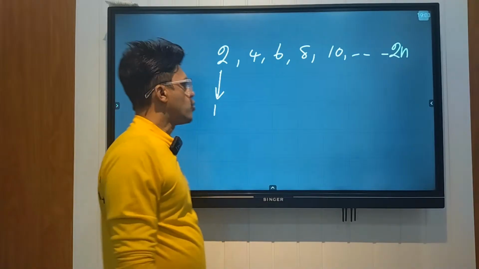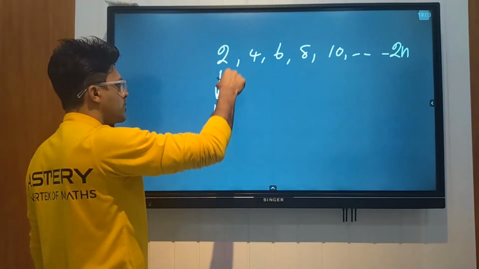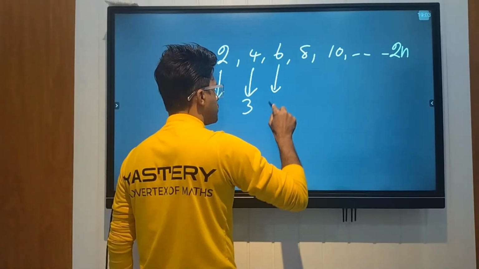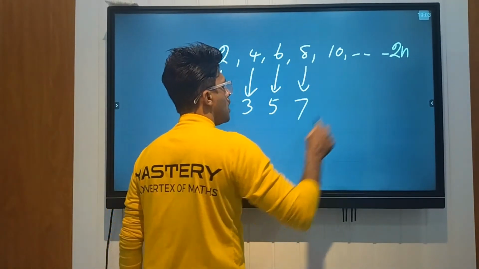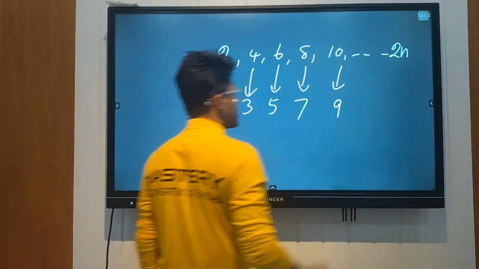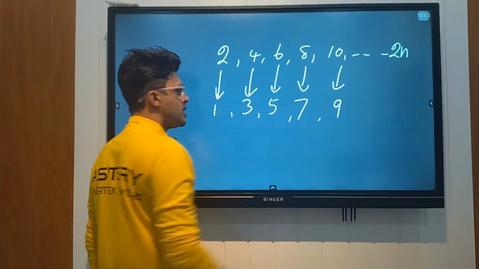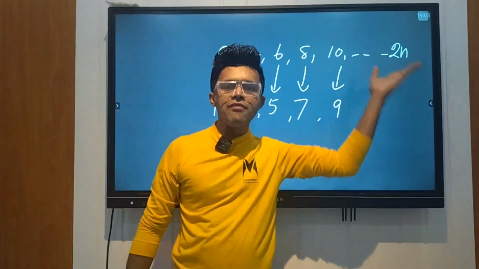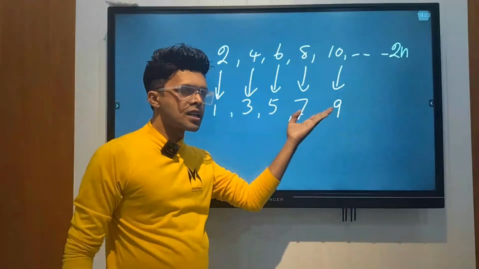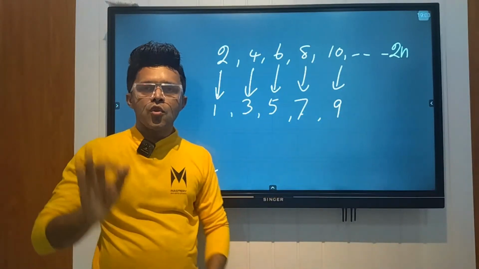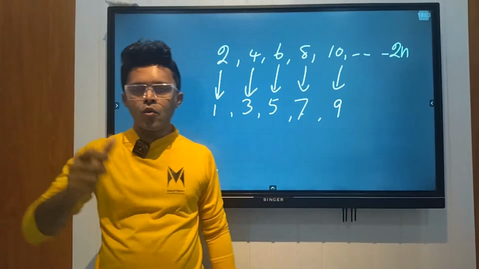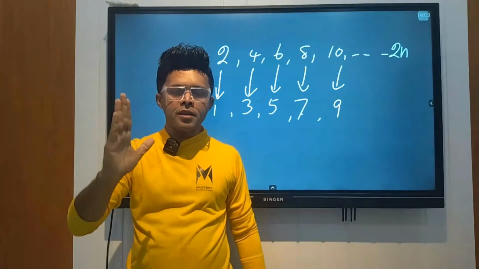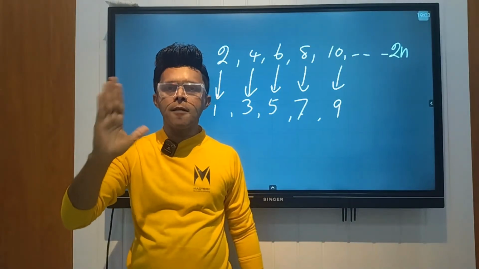So here 2, here 1, then 3, here 5, here 7, 9 as well. This is the number pattern of even numbers. This is the number pattern of odd numbers. What we are going to do right now is get the general term of odd numbers.